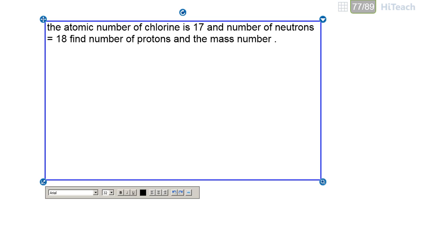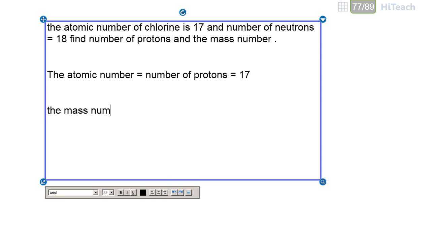From the beginning, how to solve it? The atomic number equals what? The number of protons, so it equals 17. The mass number now equals what? The number of protons plus the number of neutrons.